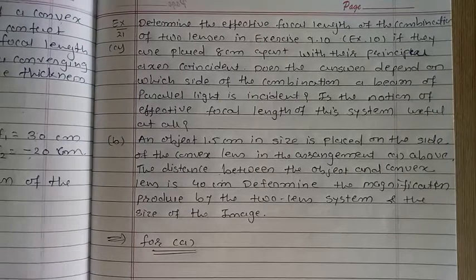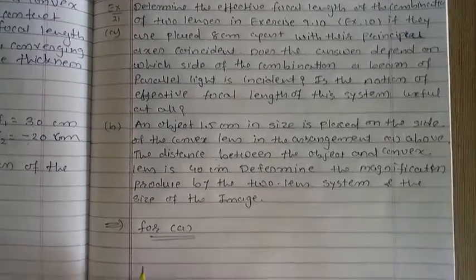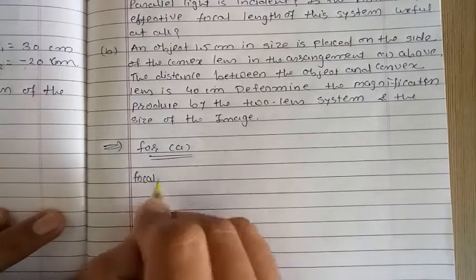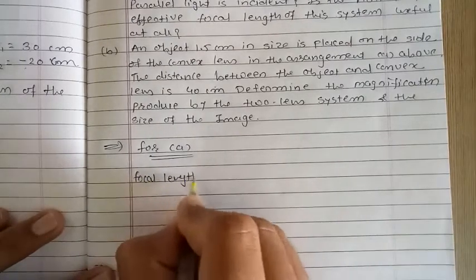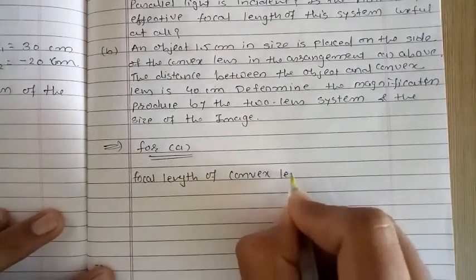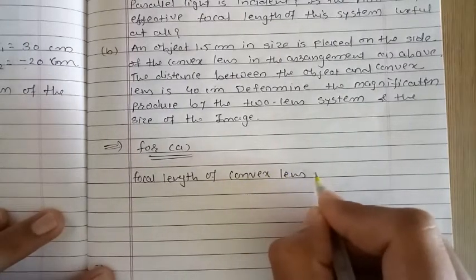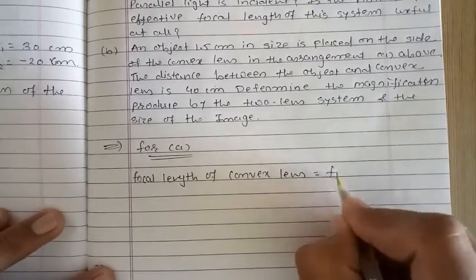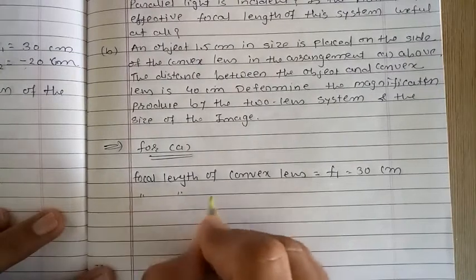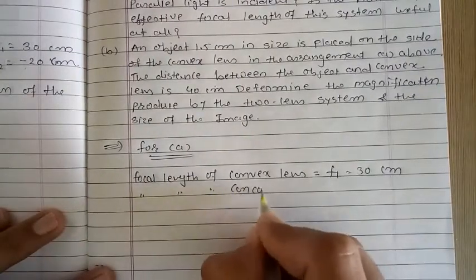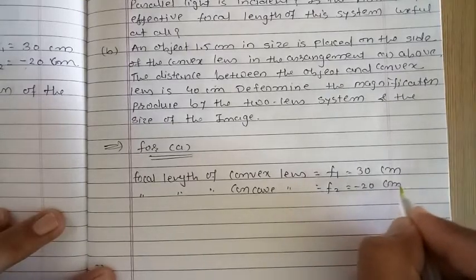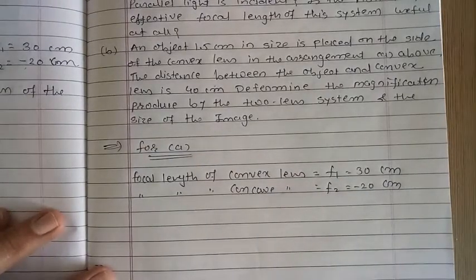So we write the given data, right? The focal length of the convex lens f1 is equal to 30 cm, positive, and the focal length of the concave lens f2 is equal to minus 20 cm, right?